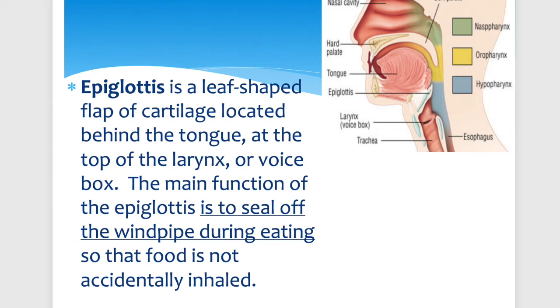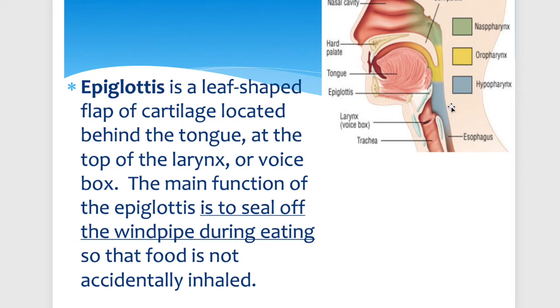When you are swallowing your food, we have an important structure. It is small. You can see it here, but it is important, and it's called the epiglottis. It has kind of a leaf shape to it. It's basically a flap of cartilage located behind your tongue. So the tongue would be here and the epiglottis is down here. It's right above your larynx, which is your voice box.